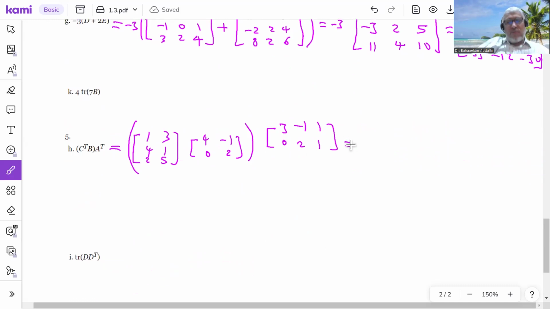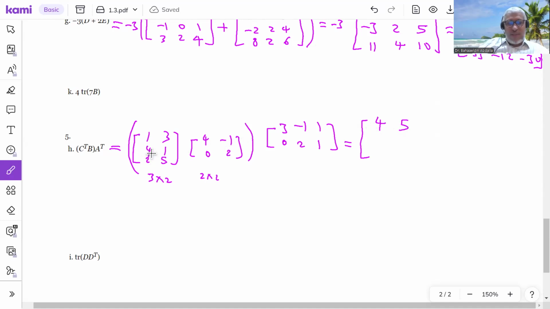So let us multiply these two. We said that this is 3 by 2, and this is 2 by 2, so the answer would be 3 by 2. Okay. 1 times 4 plus 3 times 0. 1 times negative 1 plus 6. I finished the first row.